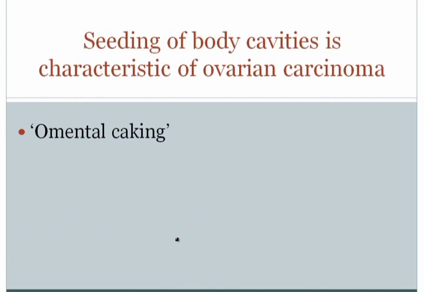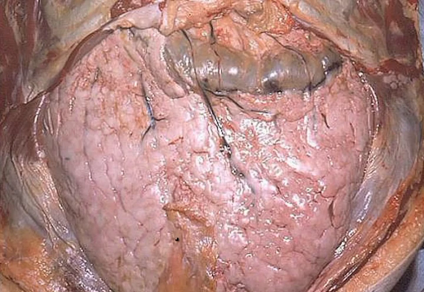Now, a third way by which cancer can spread is by seeding body cavities, and that's characteristic of ovarian carcinoma. Ovarian carcinoma has the propensity to seed body cavities. It often involves the omentum of the abdomen, and so a classic picture that can arise is something like this, where we can clearly see that we're in the abdomen.